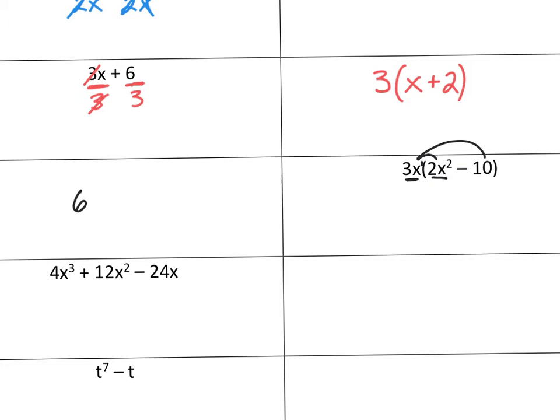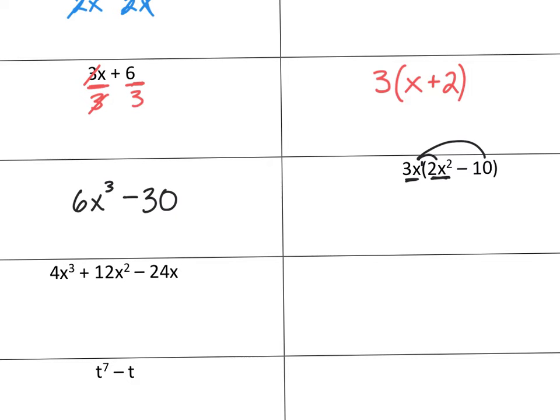So x to the first times x squared, what's 1 plus 2? 3, so that's going to be 6x to the third. Everybody see how we did that? 3x times 2x squared is 6x to the third. Okay? And then the next one, 3x times negative 10. So we'll just do coefficients. 3 times negative 10.